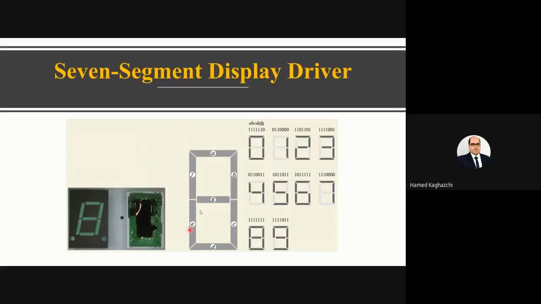Now, if you look at here, we named all of these LEDs. Each segment is an LED. We called them A, B, C, D, E, F, and G. If I have to show 0, I need to light this LED, this one, this one, this one, this one.